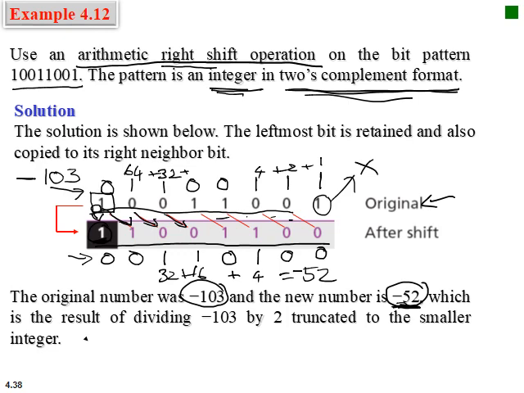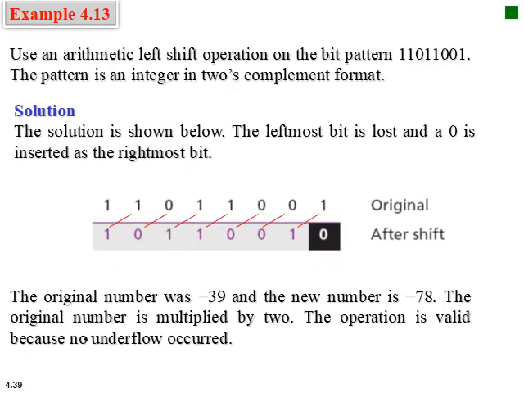Let's look at the next example. So in this example, use an arithmetic left shift operation on this bit pattern over there. So again, we know it is in a 2's complement format. So doing a left shift arithmetic operation is almost the same procedure as a left shift logic operation, which means we basically shift everything to the left.